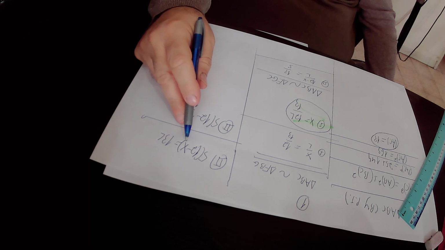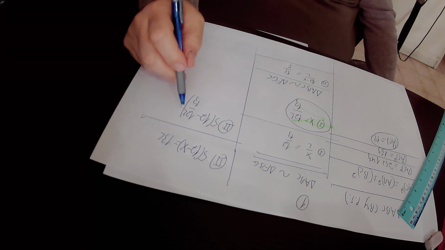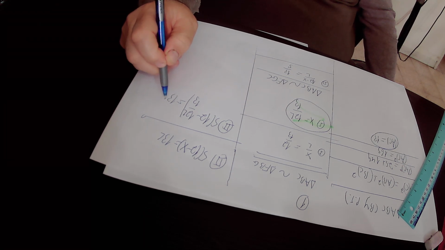So we substitute x in equation 2 by 12L over 13, and it equals 13L.